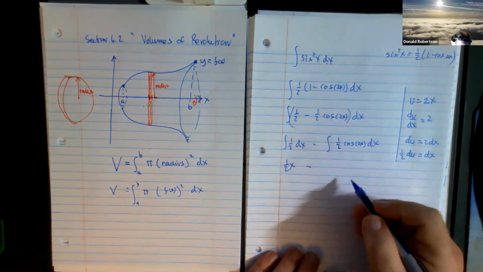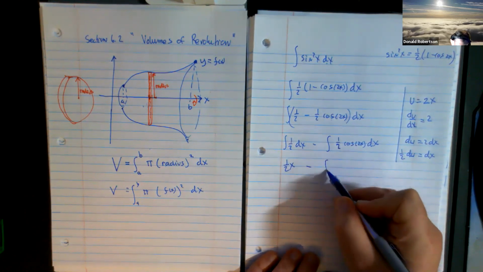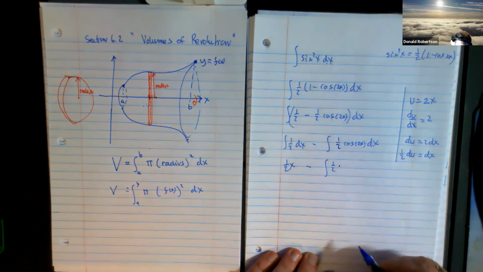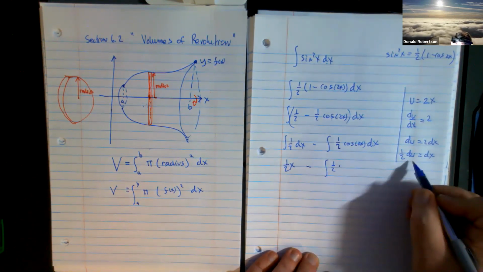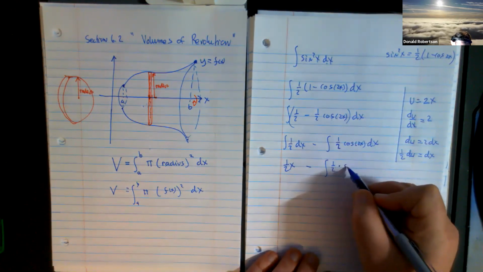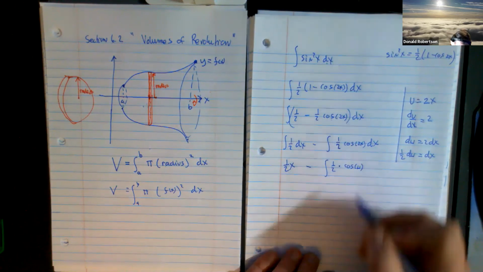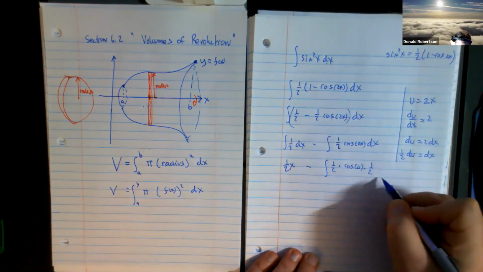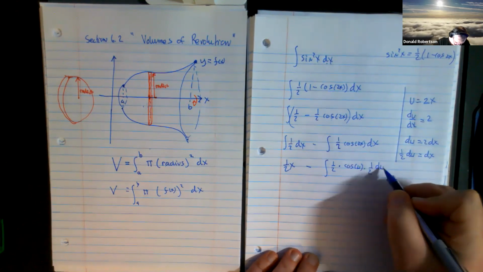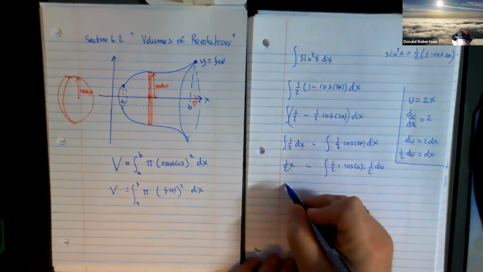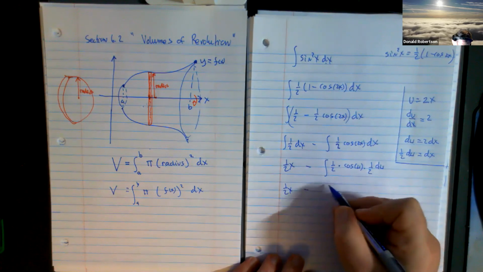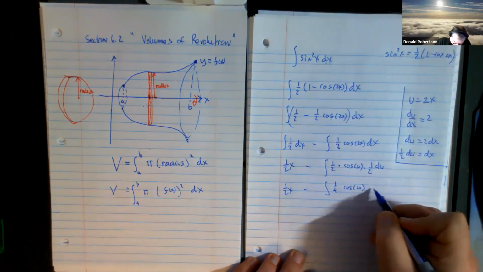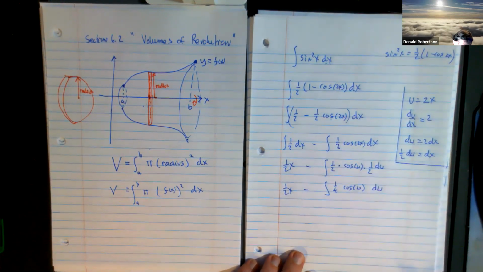So this is going to be the takeaway, the integral of 1/2 cosine of 2x becomes cosine of u, and 1/2 du. So it's 1/2 x take away 1/4 cosine of u du.